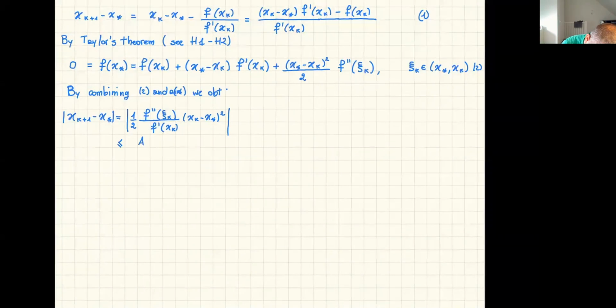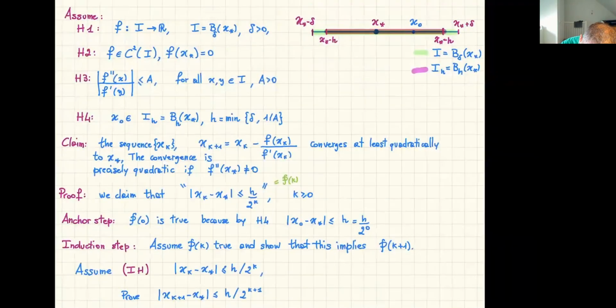So I can write this as h divided by 2 times the absolute value of xk minus x star, squared. I can do that because I'm inside the interval I, and I have hypothesis 3, so I can bound that.